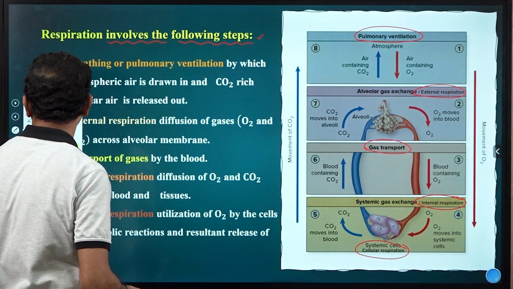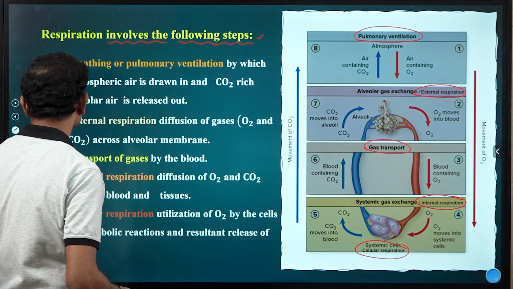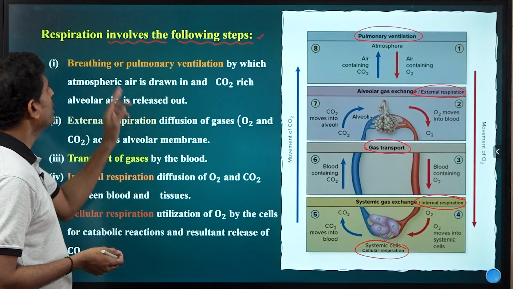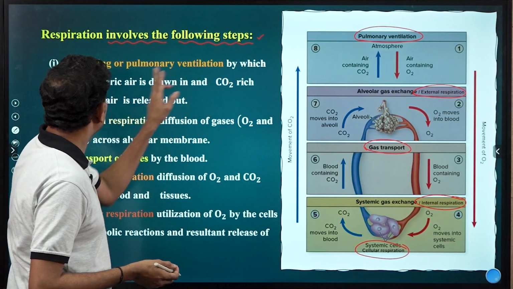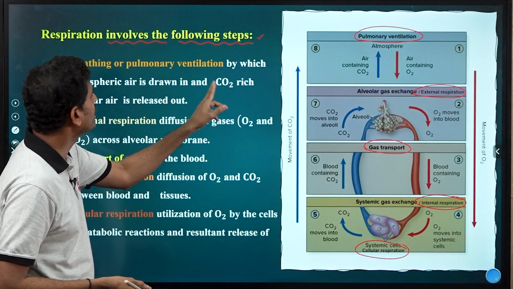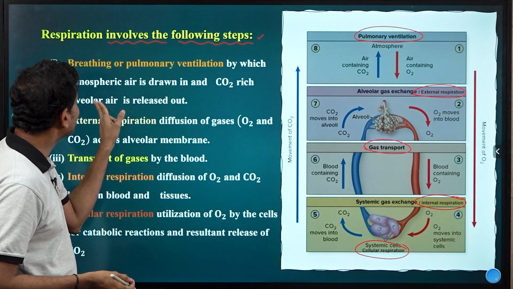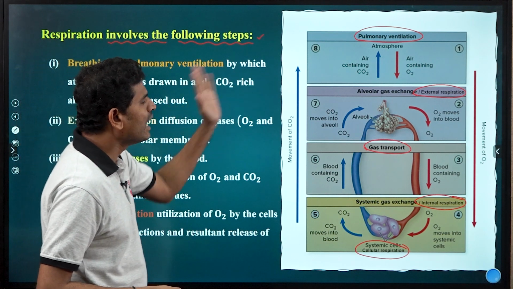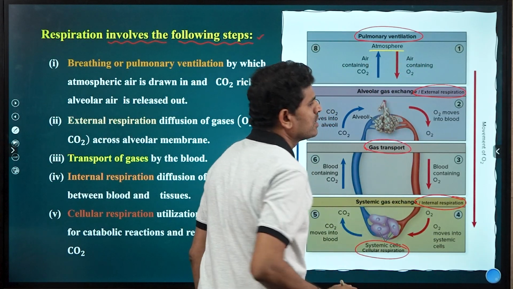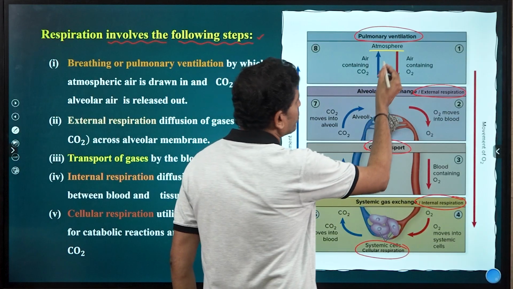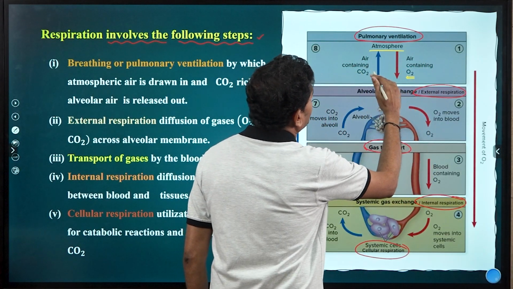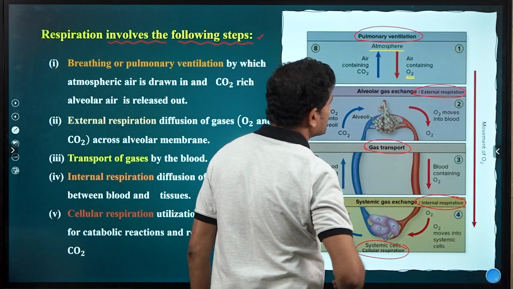Let us see that a little bit in detail here. First one, breathing or pulmonary ventilation बोले तो क्या है? Breathing or pulmonary ventilation is the process by which atmospheric air is drawn into the lungs and CO2 rich air is released outside. So here it is from the atmosphere, the surrounding environment. Now surrounding environment से oxygen was taken, and next carbon dioxide air was sent outside.